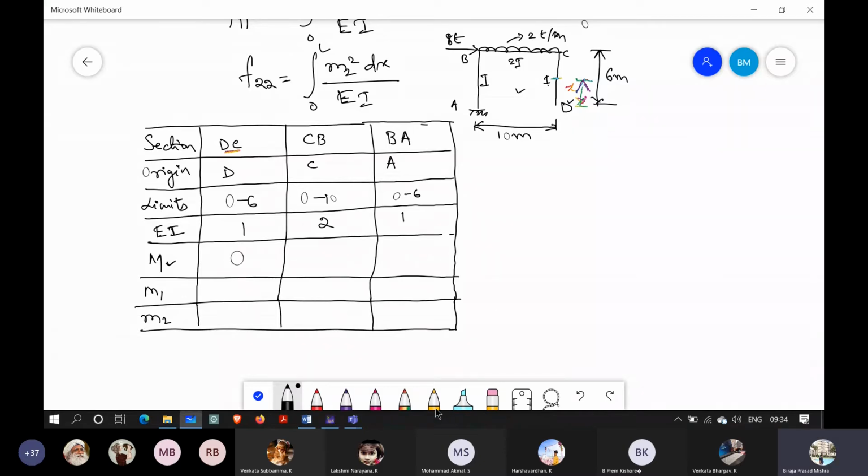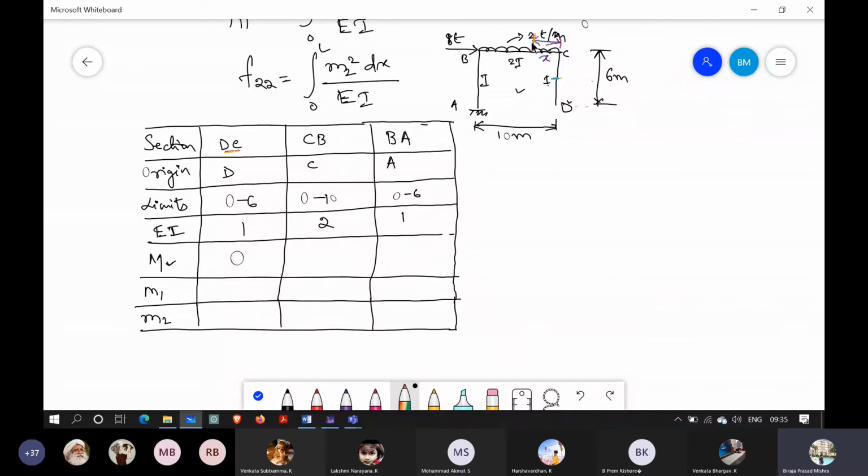Now let us take the next section. Let us take the section X starting from C. What will be the moment due to the externally applied loads?